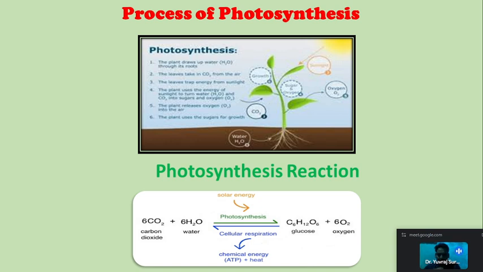The plants use the energy of sunlight to turn water and CO2 into sugars and oxygen molecules. The plant releases oxygen into the air, and the sugar, that is the glucose, is used in the growth of the plant. This is the best example of a photochemical reaction, that is, the photosynthesis reaction.